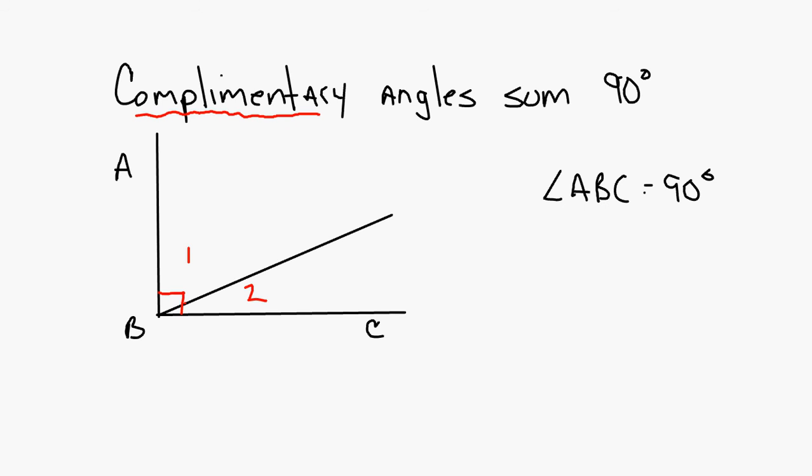Complementary angles sum 90 degrees. Now, they don't have to be in that, what's the word I'm looking for? They could look like this. We'll call this angle A, we'll call this angle B. If this is 40 degrees and this is 50 degrees, are A and B complementary?